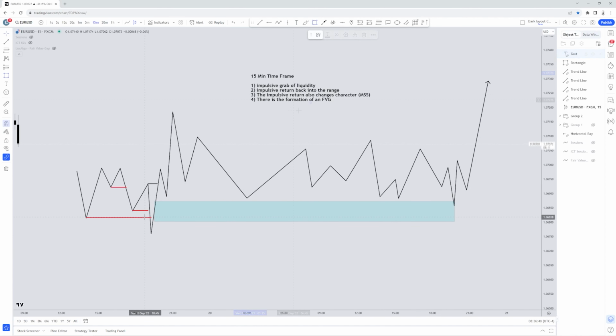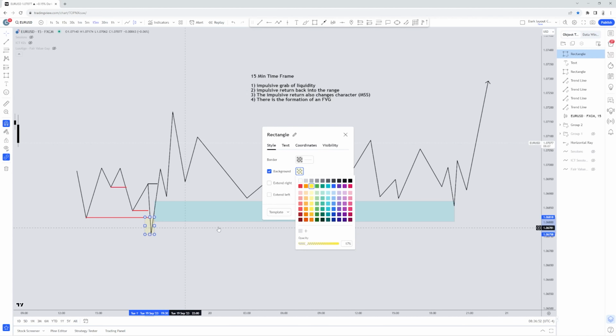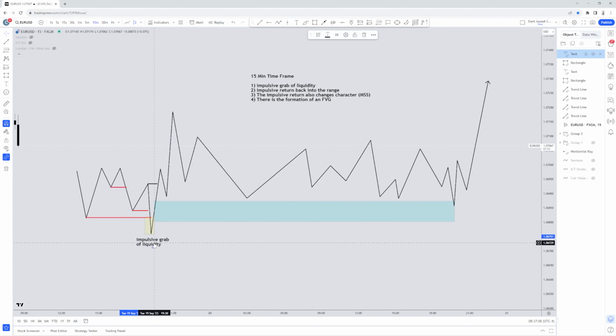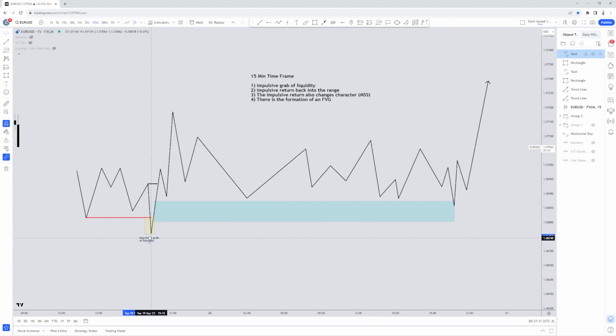There you go. So this is right here, the impulsive grab of liquidity. Okay, so I will type it down. We have the impulsive grab of liquidity taking place exactly right here. And let's minimize that, do it a little bit smaller. Here is the impulsive grab of liquidity.